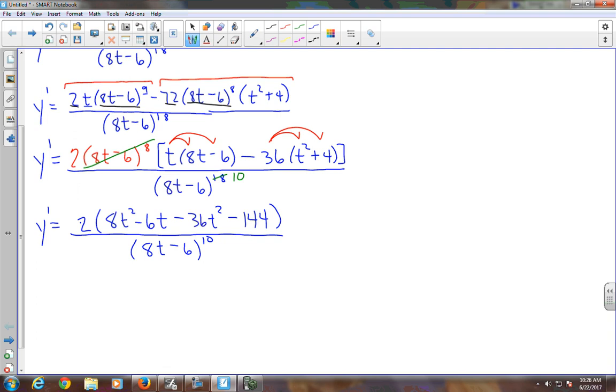Okay, let's combine like terms in our parenthetical element in the top. 8t squared minus 36t squared gives us, let's see, negative 28t squared. Then we have our linear term followed by the constant term.